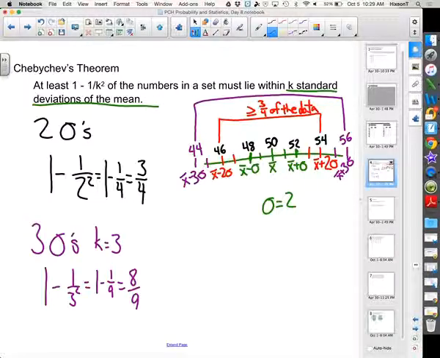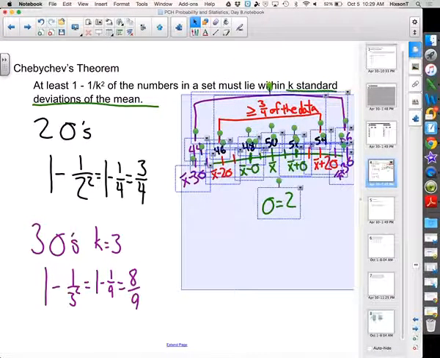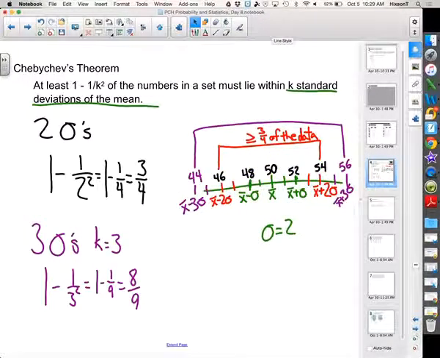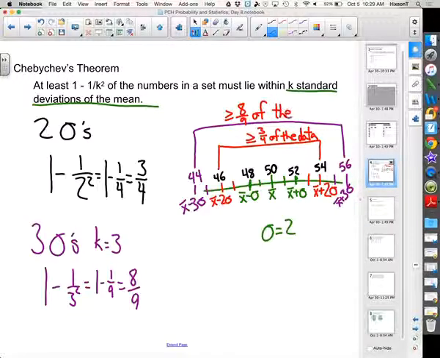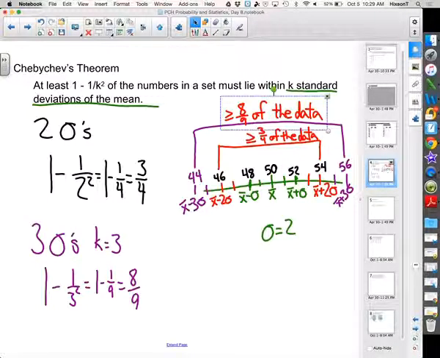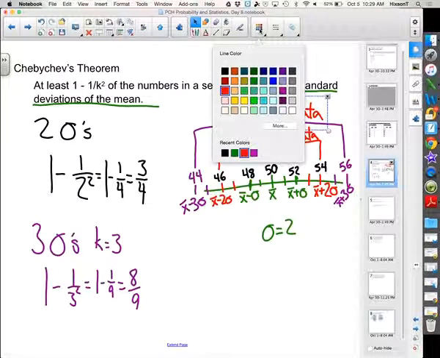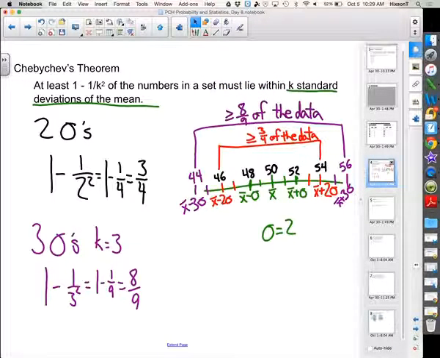So I know at least 8/9 of the data is in this range from 44 to 56.